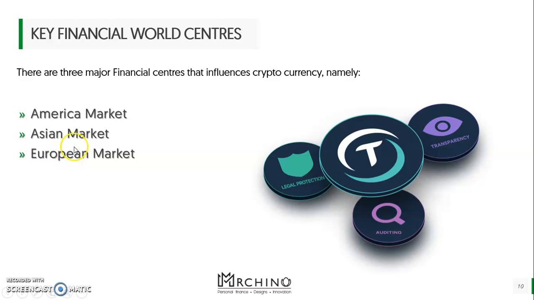And after the European trend, they dump on the American, and this is how the circle goes. There is a complete 24 hours. When you look at that time frame, you find there is a complete 24-hour time frame. So the financial world centers make a complete 24-hour time frame.